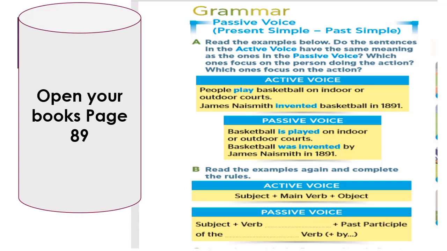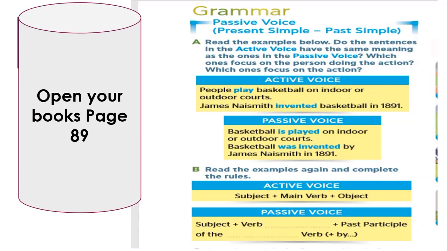Active voice: people play basketball on indoor or outdoor courts. James Naismith invented basketball in 1891. So these sentences are in the active voice. الجملتين دول في حالة المبني للمعلوم. People الفاعل، play الفعل، basketball المفعول به. هنا الجملة في حالة المبني المعلوم. حولناها المبني المجهول.